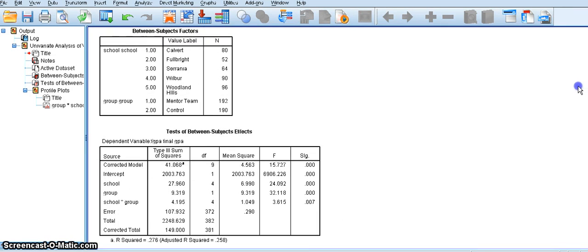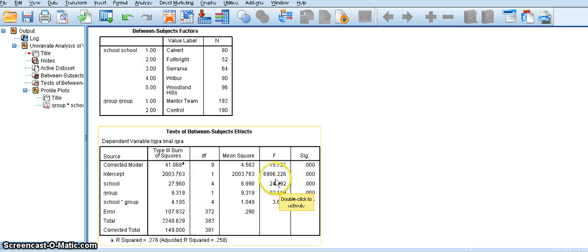Now, whenever we have Factorial ANOVA, we're going to have multiple F values or multiple obtained statistics, just because we have multiple factors. So we're going to have one for the interaction, one for the first main effect, and one for the second main effect. And here's where we're going to take our degrees of freedom.